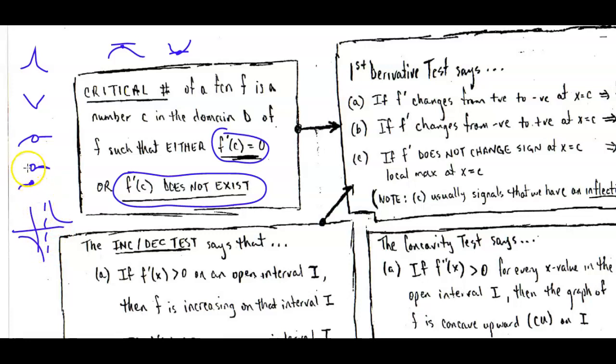And of course, at this jump discontinuity, at this hole, or what we formerly call removable discontinuity, at this vertical asymptote, or even a vertical tangent line, at all these places, the derivative will not exist. Okay. So that is what a critical number is.